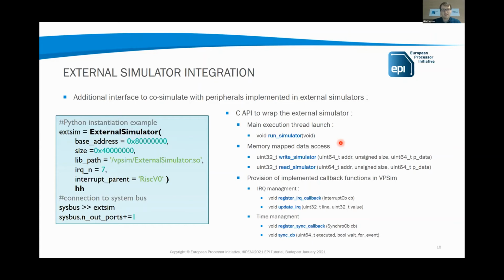Then data exchange takes place using simple writes and reads to the memory space specified when instantiating the simulator. And of course, there needs to be some way to call VPSim for interrupts. So we provide a callback mechanism for interrupts and also for timing synchronization, so that both simulators can execute in parallel.